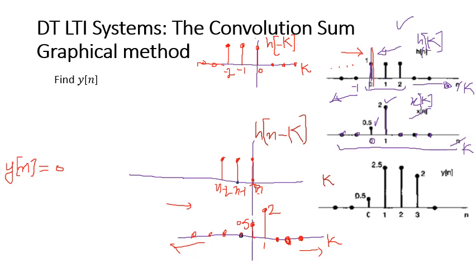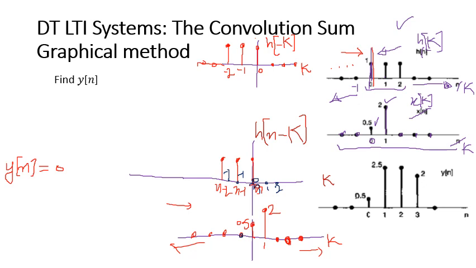We take the products of the corresponding values and then we sum them. Because n is equal to 0, this is the position of n, and if you see, this is position 0, this is position -1, this is position -2, this is position -3, and so on, and this is 1, 2 and 3 and so on. When n was here, it was at position -1.